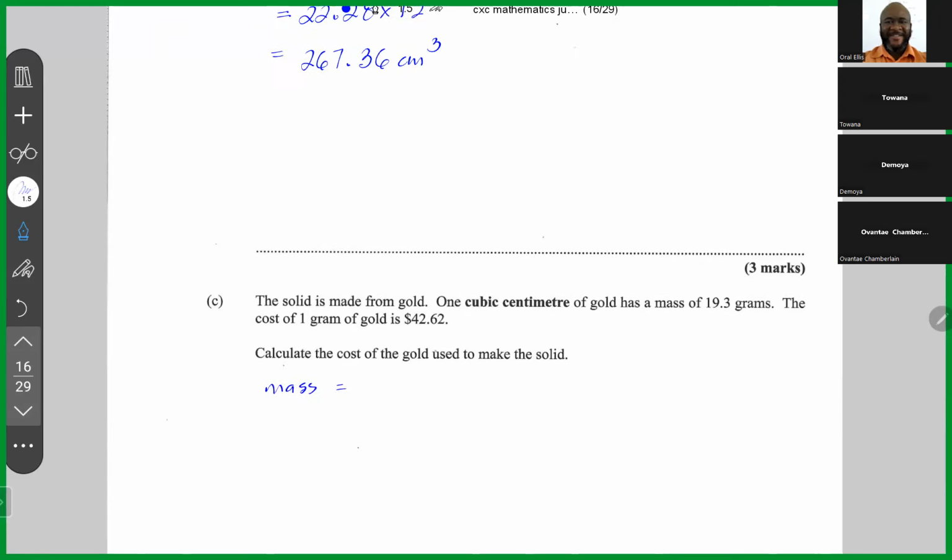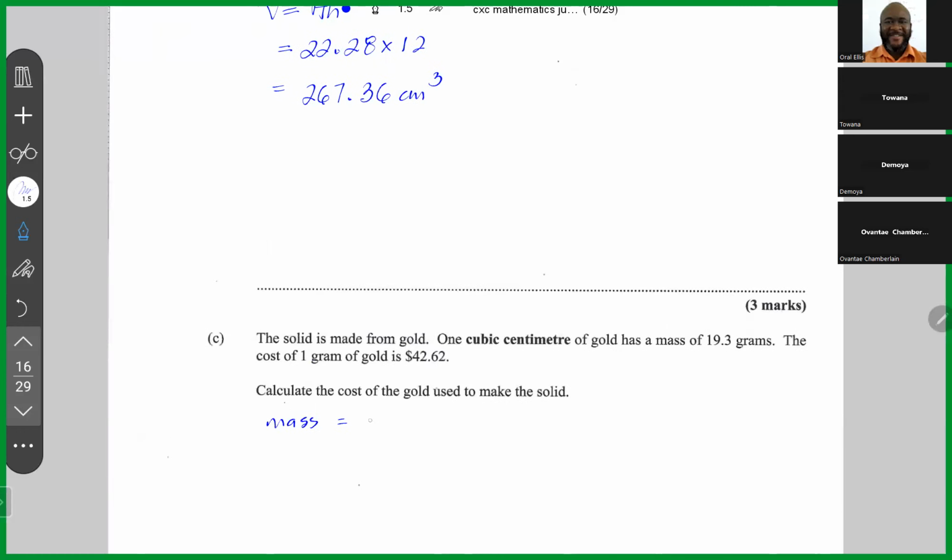The mass of 1 centimeter cube is 19.3 grams. But our object is 267.36 centimeters cubed. So you're going to multiply the mass of 1 centimeter cube by the volume of the solid to determine the total mass of the solid.